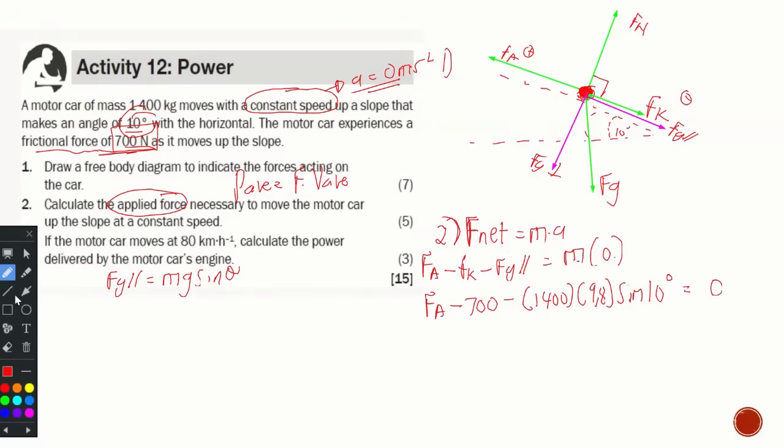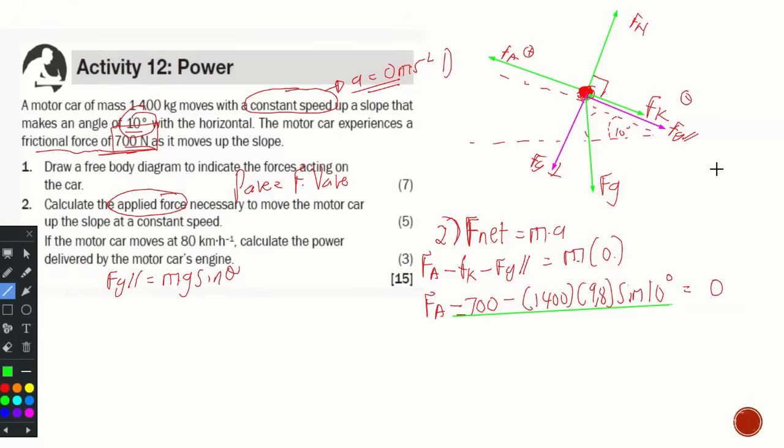So at this point, we just need to punch all of this into our calculator. To avoid any unnecessary rounding off, just punch everything into the calculator. Now be careful to start with the negative, right? So you say negative 700 minus 1,400 multiplied by 9.8 and then sine 10 degrees.